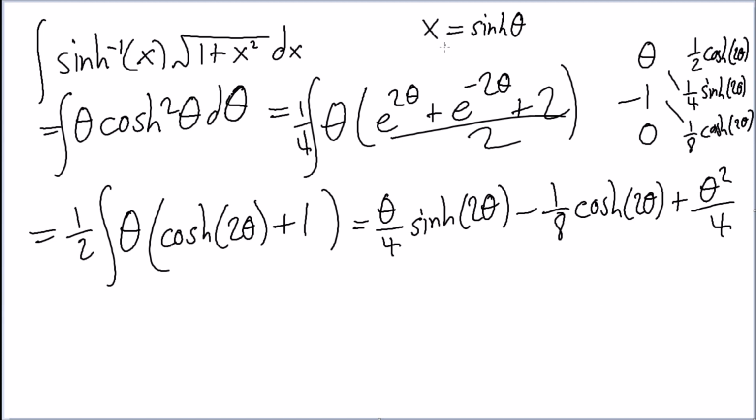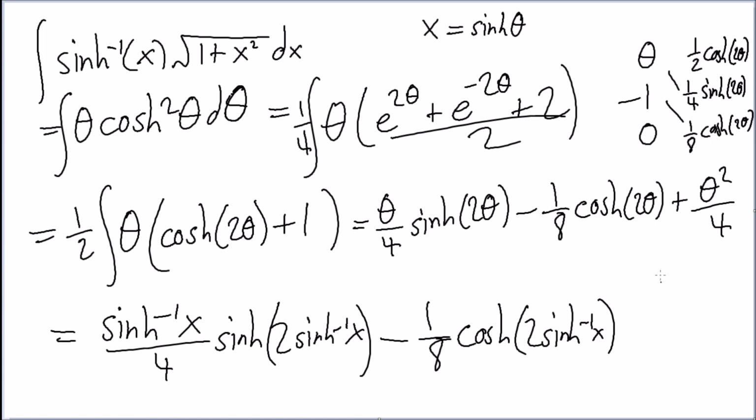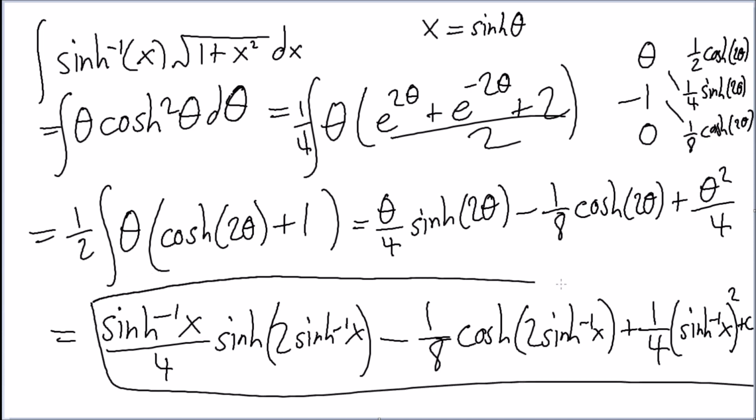And so now we plug in x, and we get inverse sinh over 4 of sinh of 2 inverse sinh. Our answers have been very long. Minus 1/8 of cosh 2 inverse sinh, and then plus 1/4 of inverse sinh squared plus c, and then this whole thing is our answer.